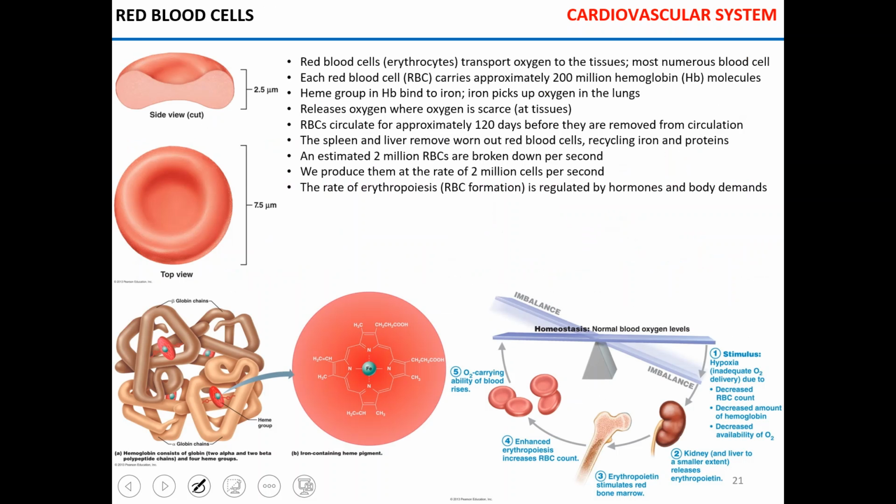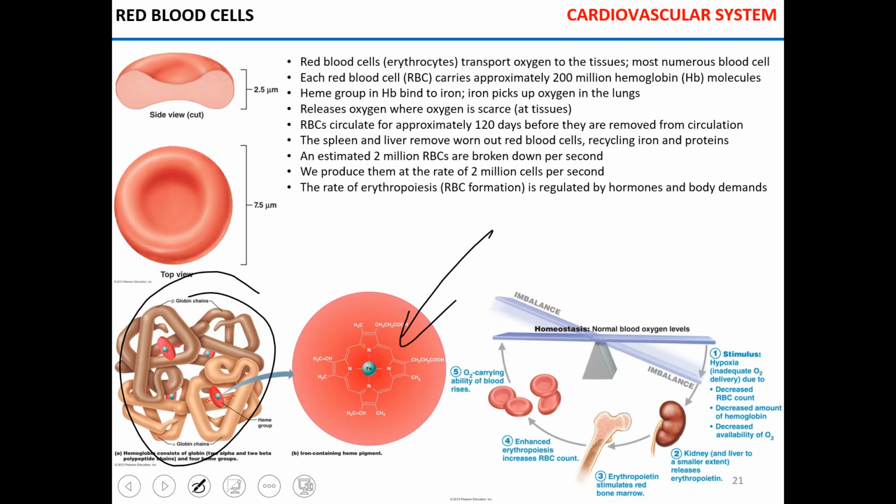So red blood cells transport oxygen to the tissues. They are the most numerous blood cells. In a red blood cell, there are many molecules of hemoglobin, and each molecule of hemoglobin contains 4 molecules of organic compound called heme.